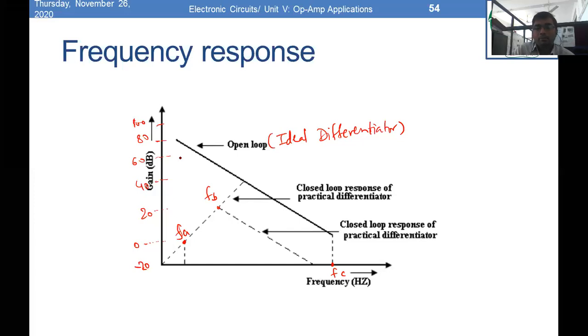You have to show 100 dB here. Here you can see it is FA, that is 10 times the fundamental frequency F. Then it increases with 10 squared F, then 10 to the power 3 F, then 10 to the power 4 F, like this. It would increase.